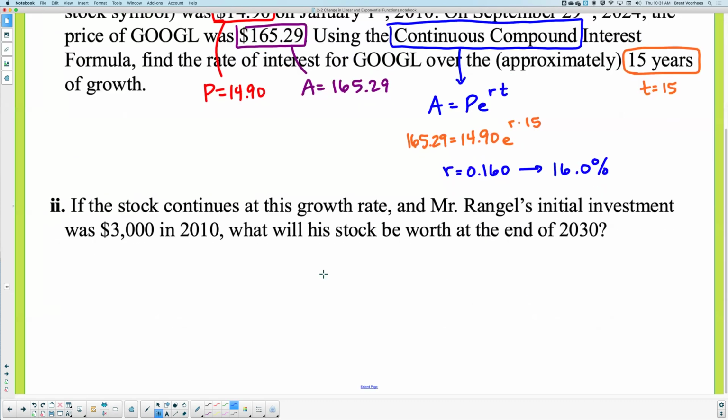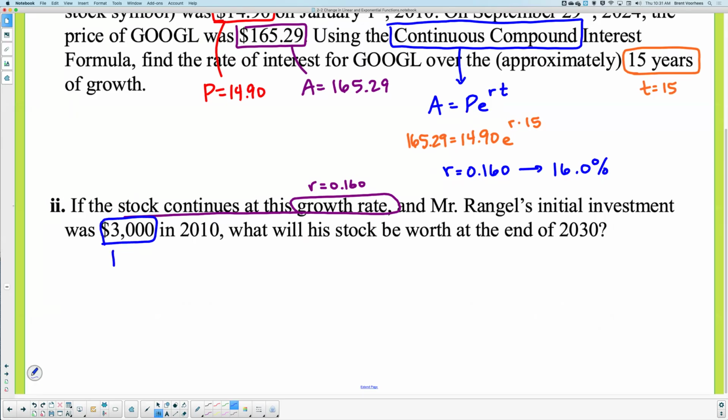Let's start part 2 now. If the stock continues at this growth rate, what is that telling us? The rate's going to stay at 0.160. And Mr. Rangel's initial investment was $3,000. Now what's that telling us?